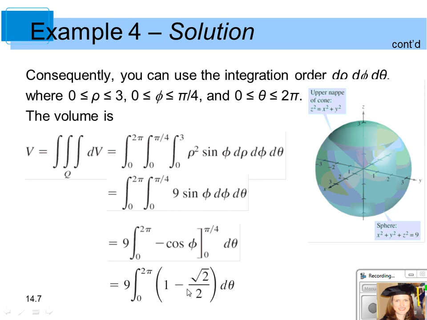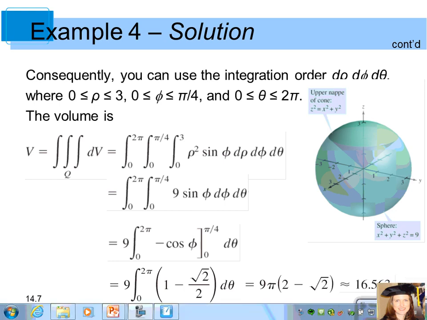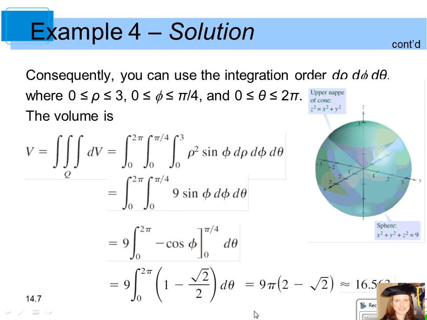Then you get a single definite integral, and you can evaluate that to get an exact answer, or you can use the integration feature on a graphing calculator to get a decimal approximation, which is approximately 16.569. So that value is the volume of what is inside the sphere, bounded above by the sphere and bounded below by that cone.